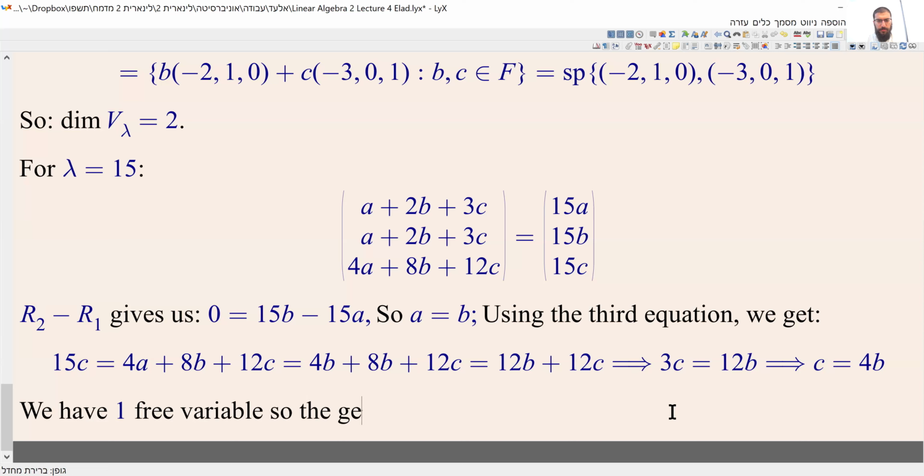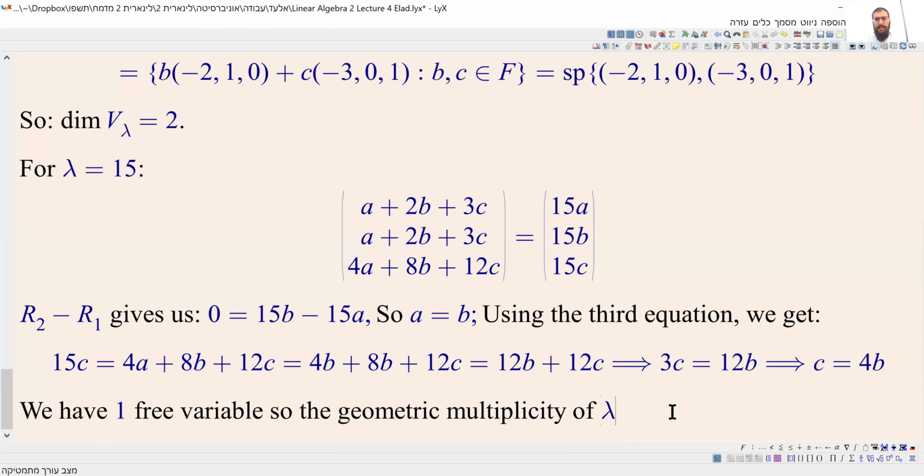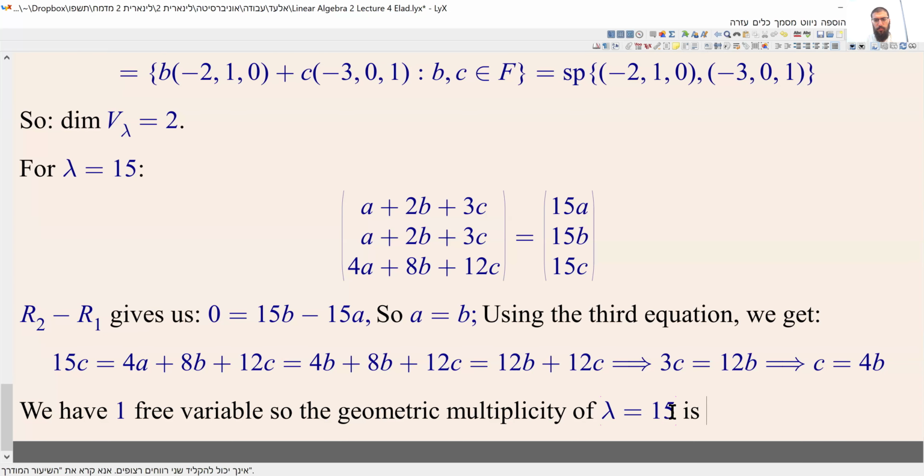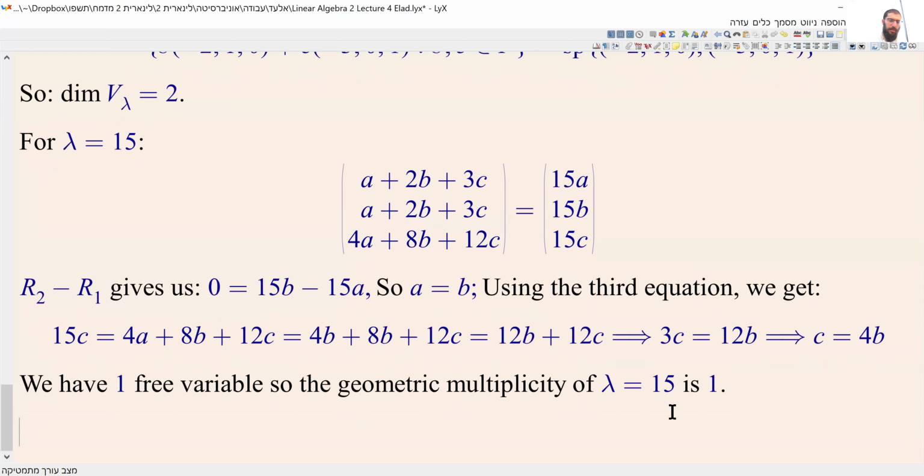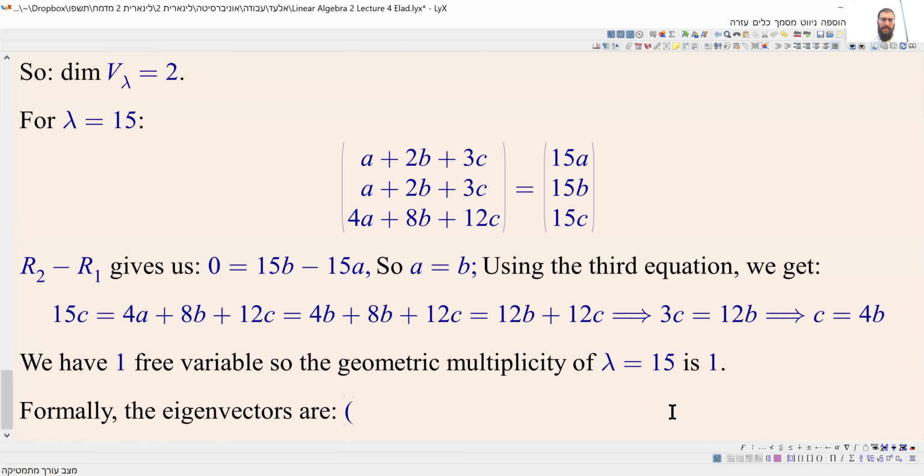So the geometric multiplicity of the eigenvalue 15 is 1. And more formally, the eigenvectors are: A is B, and B is B, of course, and C is 4B.